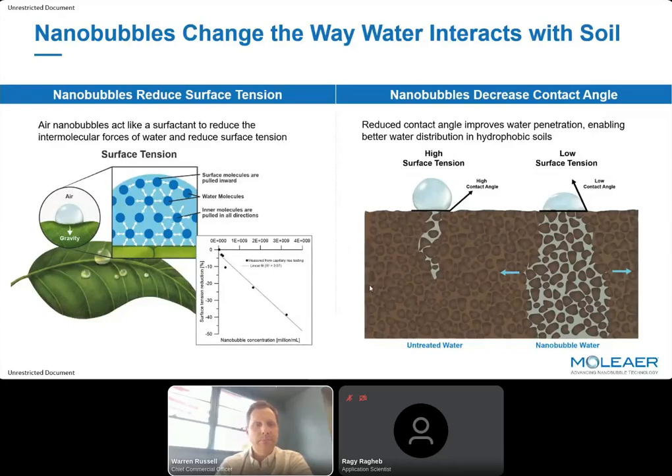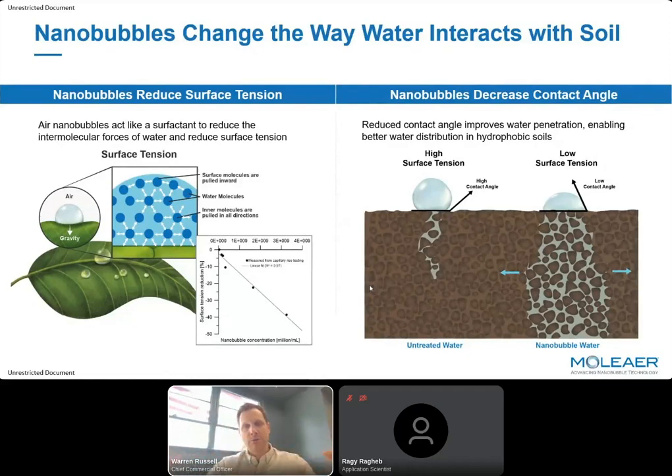And then obviously, I think just again, the simple analogy is everybody's familiar with surfactants and penetrants, and this is mimicking some of the benefits that you may be able to get in a non-chemical way. And certainly, I think everybody understands surface tension reduction, whether it be with a chemical like a surfactant, reducing that contact angle, and its influence on the behavior of that water as it moves through the soil column.